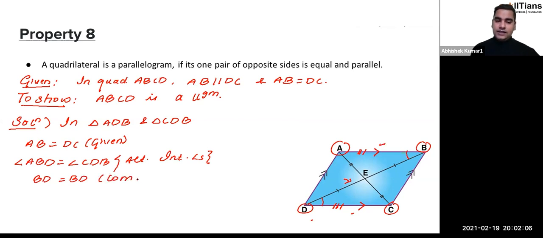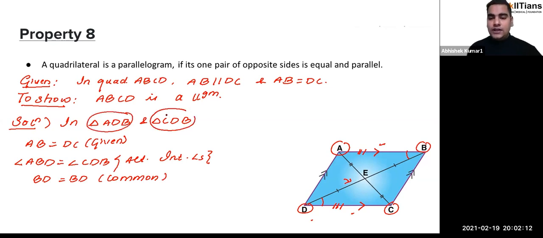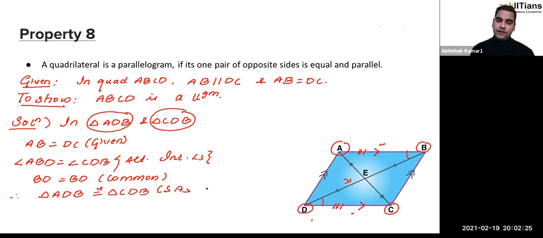If you look very carefully, we can say that these two triangles that we have considered are congruent to each other by SAS rule. Therefore, triangle ADB is congruent to triangle CDB by SAS rule. And because these two triangles are congruent, this angle is equal to this angle by CPCT.